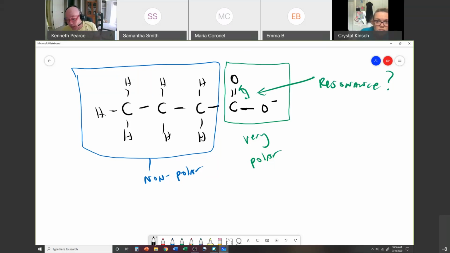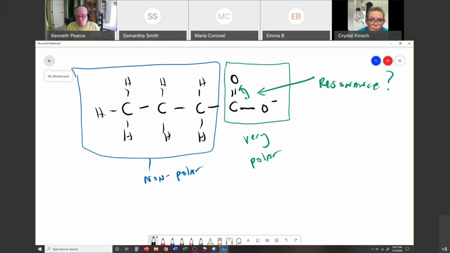And when you get into organic chemistry, one of the reasons this is favored, what I squared in with green, is because it's resonance stabilized. If you can delocalize that double bond, you actually make it more stable. So this end of this molecule, not only is it very polar, but it's also been stabilized by resonance structures. All this stuff comes together. You see what I'm saying? That's it for that.